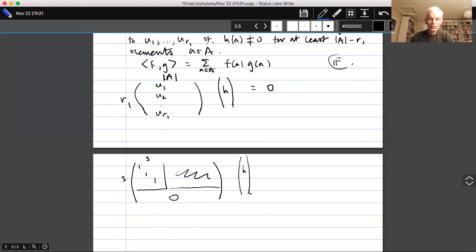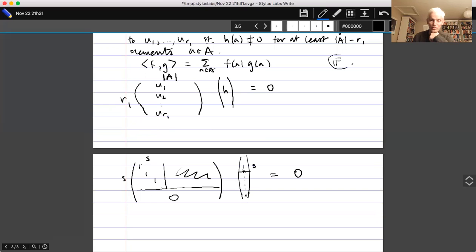And now if I want to solve this equation with not too many zeros for h, what I can do is choose all the values of h below the top s values.